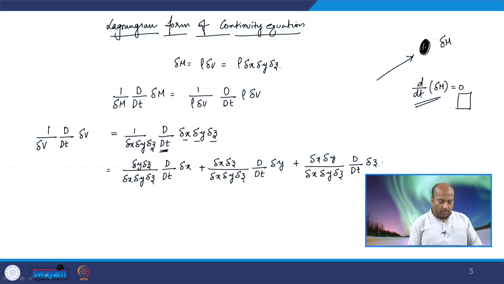Okay, so this is how it looks. So cancelling out the similar terms, we have 1 by delta x D by Dt of delta x plus 1 by delta y D by Dt of delta y plus 1 by delta z.